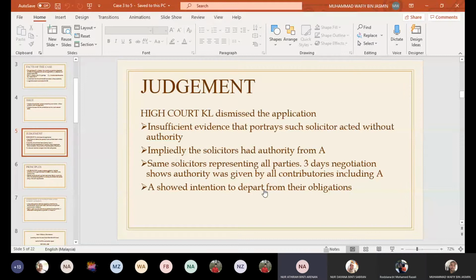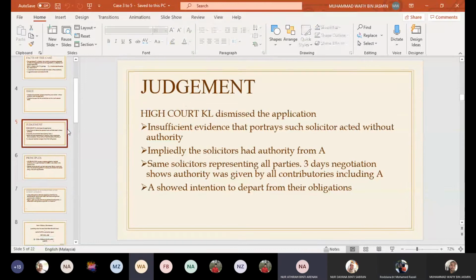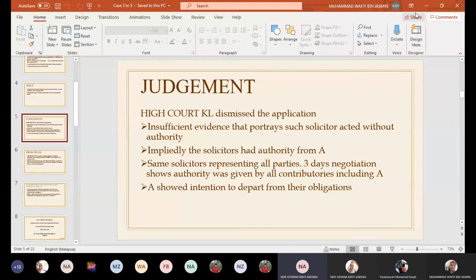Okay, madam. Can you hear me? Yeah. My name is Nur Atira binti Arinan. I am going to present the second case regarding the consequences of solicitors who act without authority. So basically, this case is the case of G. Balan anak lelaki Govindasamy.